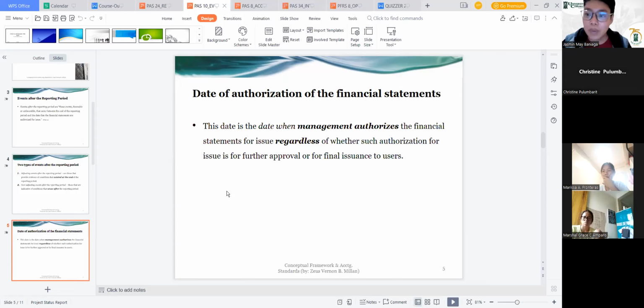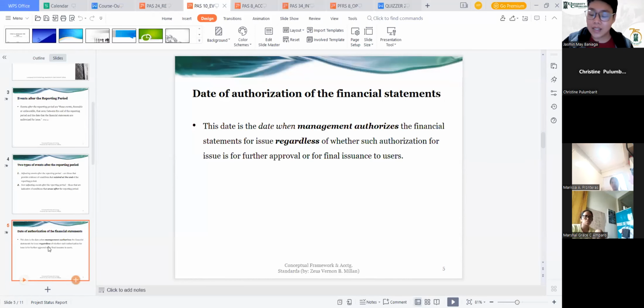So from our sample a while ago, with the current period ending December 31, 2022, if the Board of Directors approved the issuance of the FS for year 2022 on, say, March 1, we're going to look at the different events after the reporting period only until March 1 of 2023. That is the last marker, or the last date that we need for PAS 10 as to events after the reporting period.